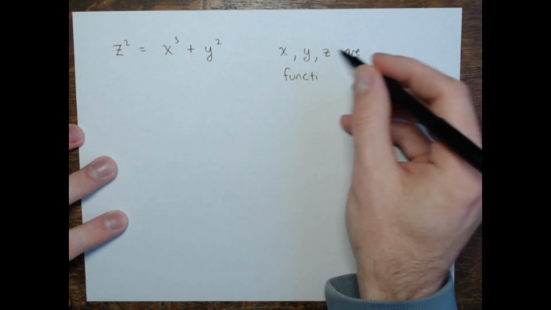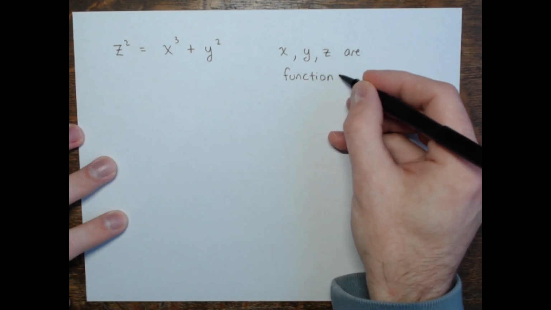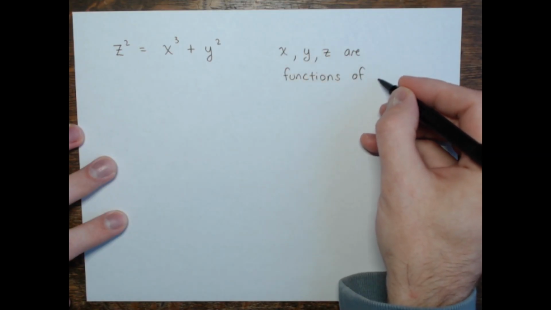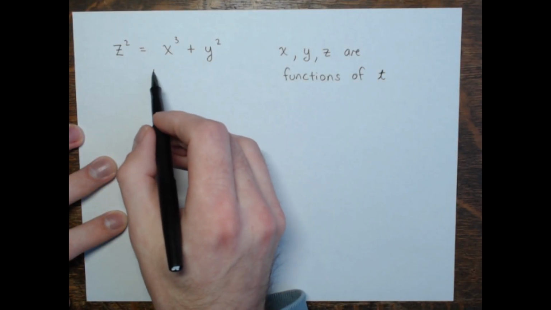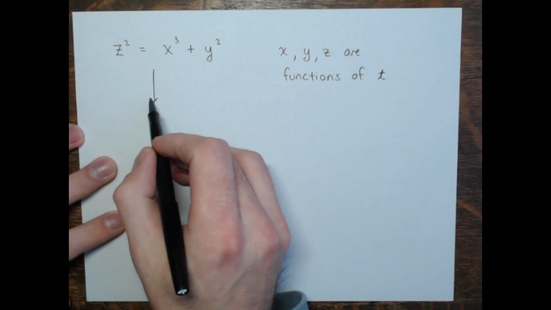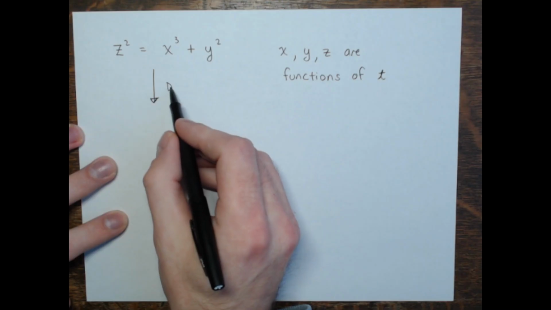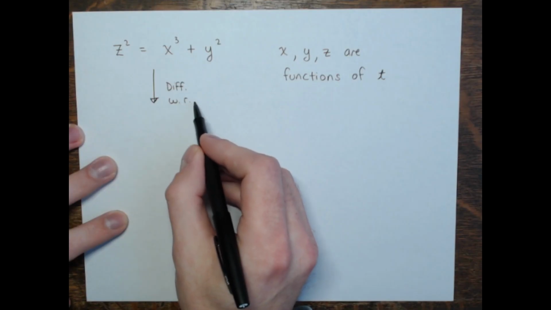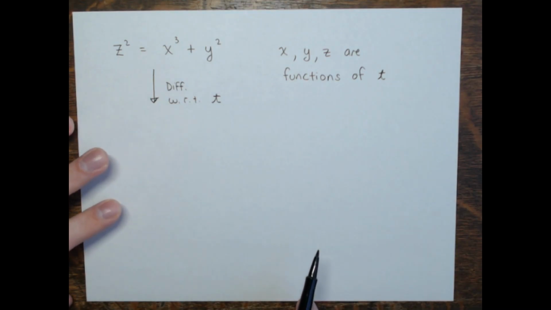So I'm not going to write out the word differentiable every time. We're just going to assume it here. So x, y, and z are functions of another variable called t. So we take our equation and we do implicit differentiation. We're going to differentiate, and I'll just write diff with respect to, WRT, this new variable t.